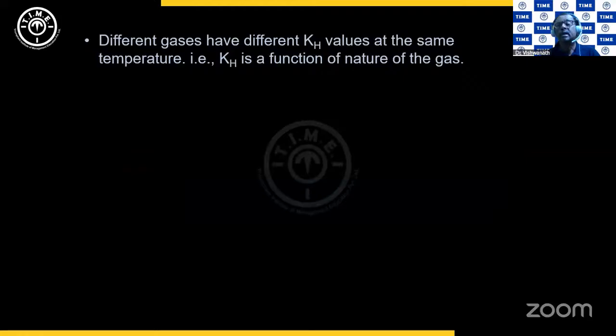Now, different gases, that is what we talked about. Different gases will have different Kh values at the same temperature. So Kh is a function of the nature of the gas. We said carbon dioxide and nitrogen will not have the same Kh value. They'll have different values. That is why at a particular pressure, the solubility of CO2 and the solubility of N2 is not the same for the same volume of water, because their Kh values are different.